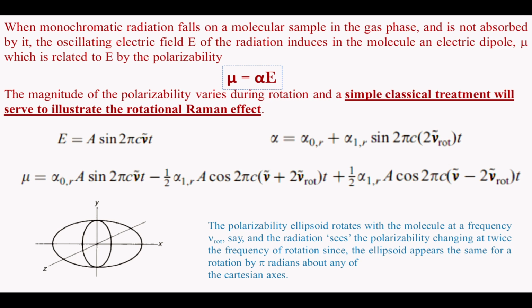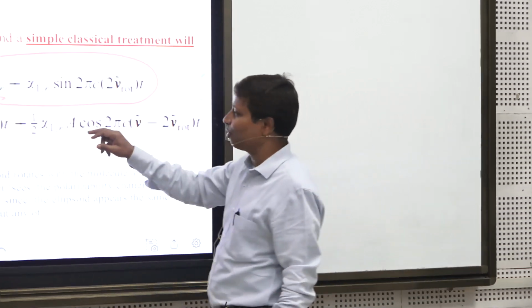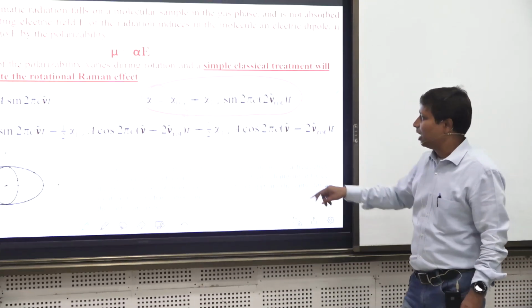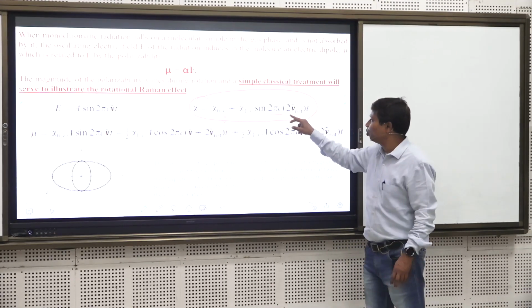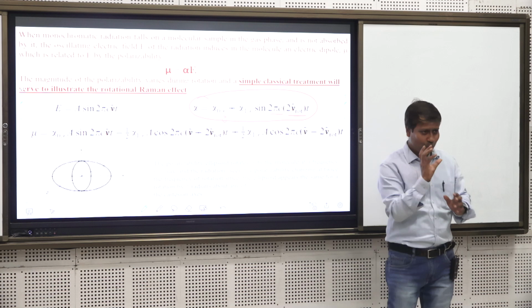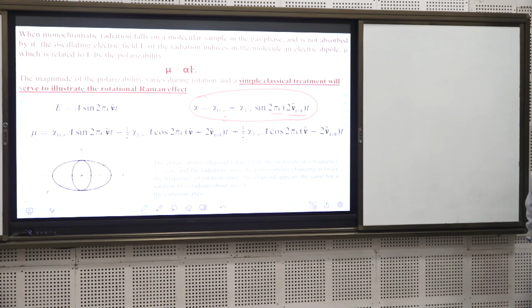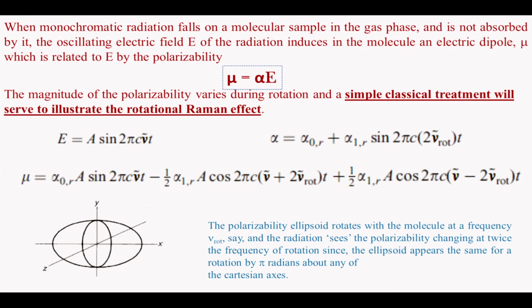Alpha is alpha 0 R, where R stands for the rotational one, and for the vibrational one, we will write V. So alpha 0 R plus alpha 1 R sine 2 pi c, these are all known, and 2 times the rotational frequency of the molecule. Why 2 times? It is like this. If you have a dielectric molecule like this, 2 atoms are attached, and now the radiation is coming from this side.